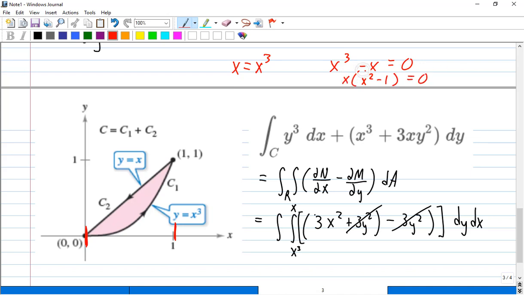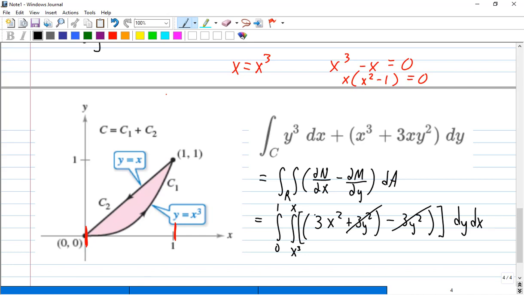If I set each one equal to 0, I get x equals 0 and x equals plus or minus 1. Now we don't have the minus 1 because these graphs aren't extended this way, and we don't have the graph going back down like that. So we just have the 0 and the 1. So that's 0 to 1.